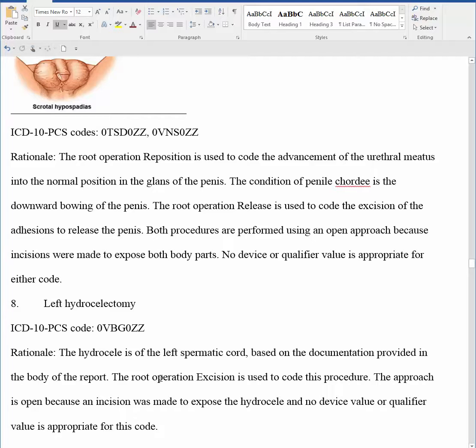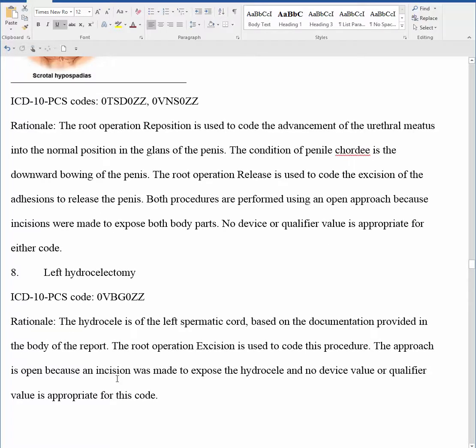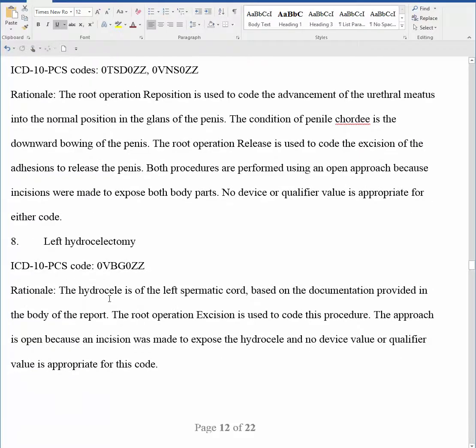Number 8, which is the last one for chapter 18, is hydrocelectomy. This patient's hydrocele was on the left spermatic cord. Again, we had that picture earlier, this collection of fluid. They're taking it out. It says the hydrocele was removed through the incision and peeled off its fibrous attachments.